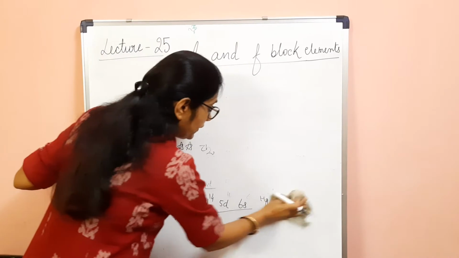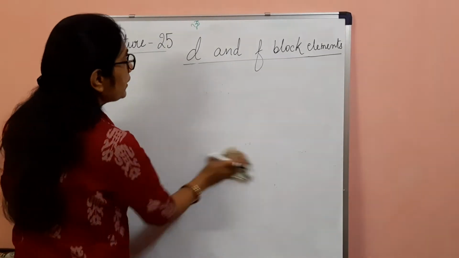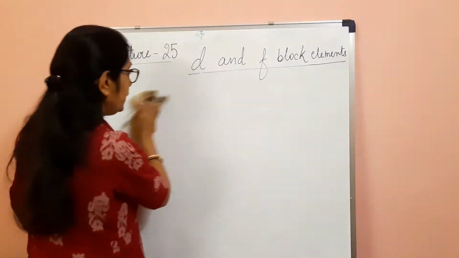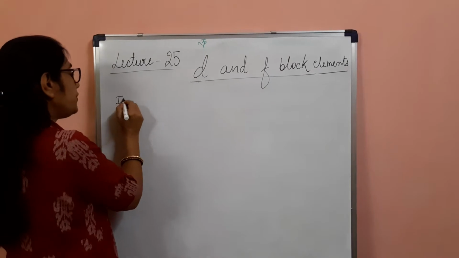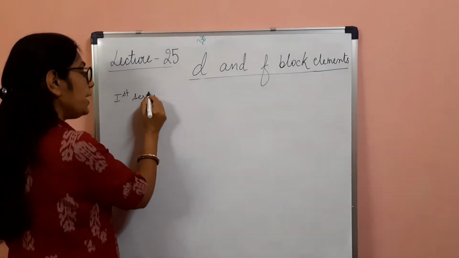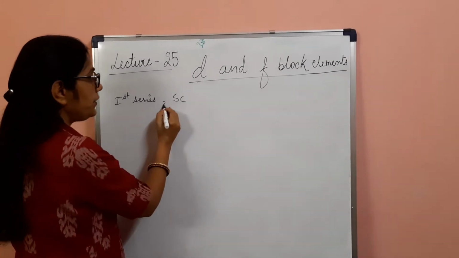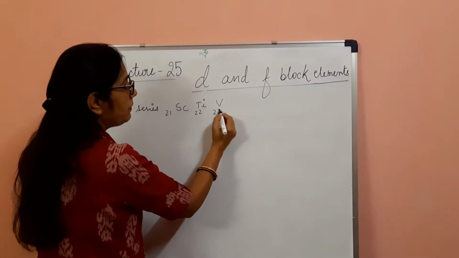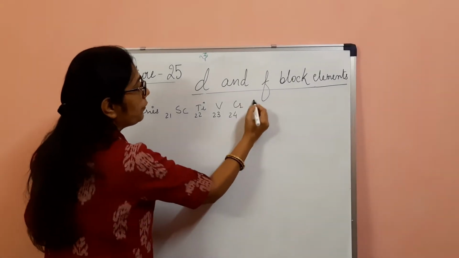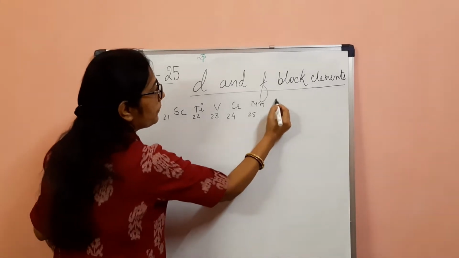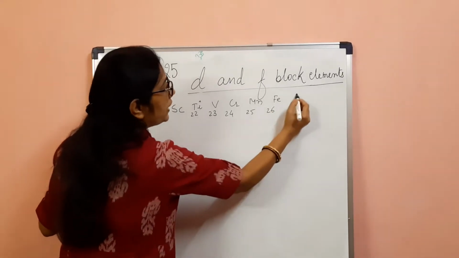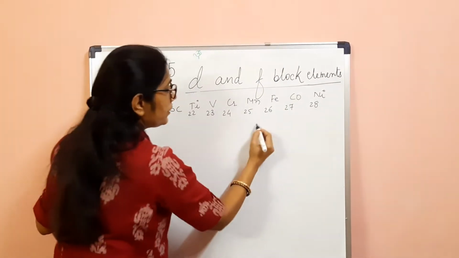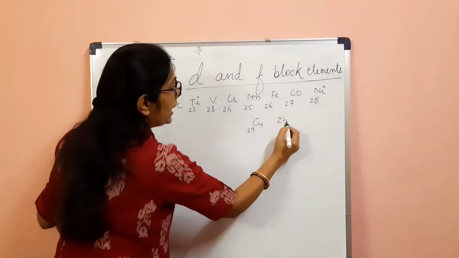Now these transition elements are classified into 4 transition series. The first transition series starts from scandium 21, after that titanium 22, vanadium 23, chromium 24, manganese 25, iron 26, cobalt 27, nickel 28, copper 29, and zinc 30.